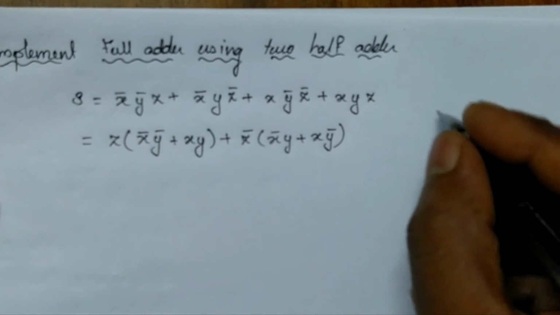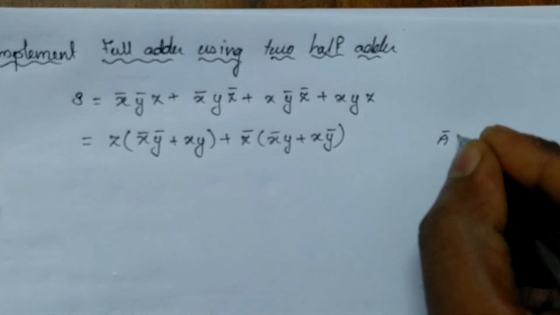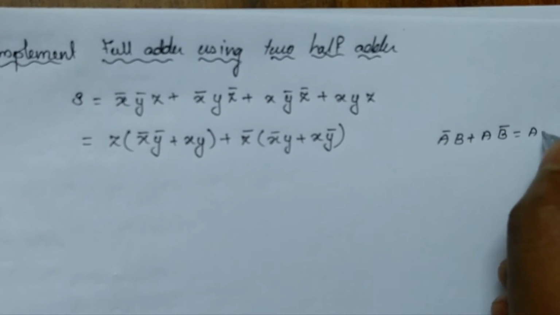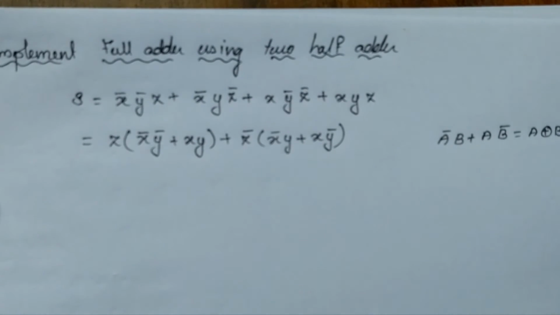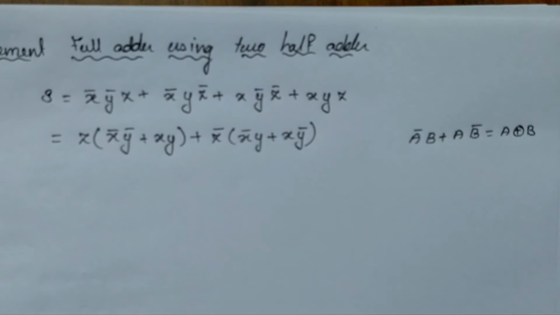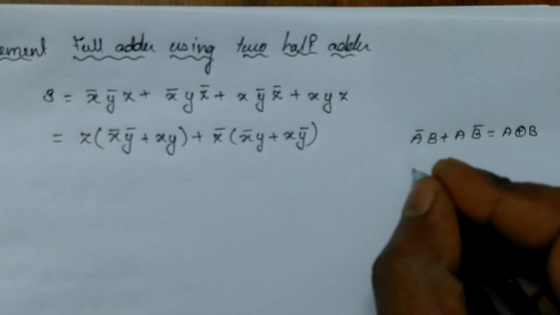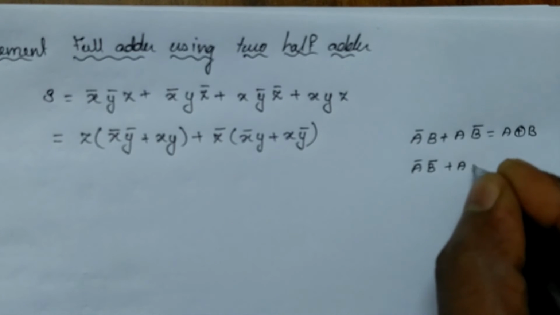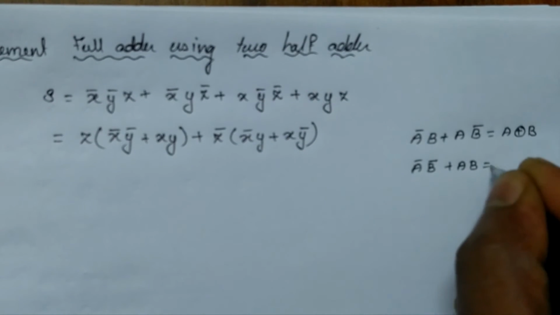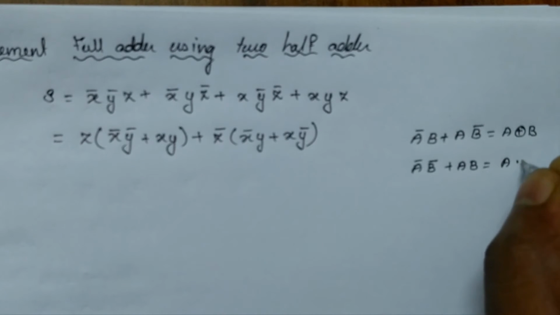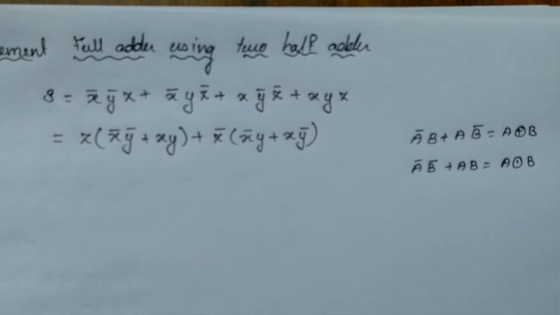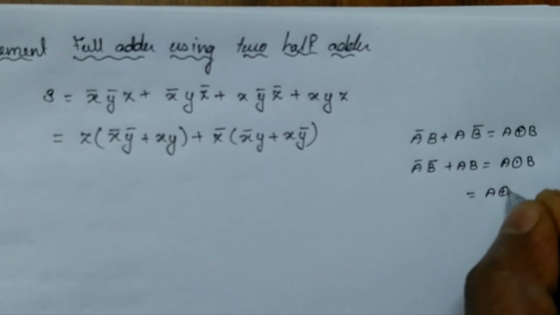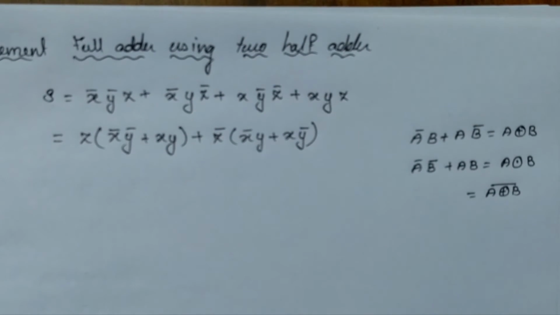So we know that a bar b plus a b bar is equal to a XOR b. Likewise, the second one, a bar b bar plus a b is equal to a XNOR b, which is equivalent to a XOR b the whole bar.